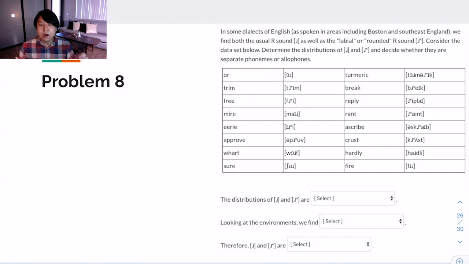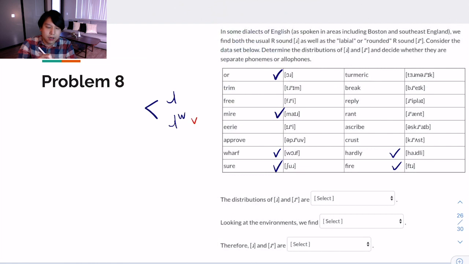Number 8 is about a certain dialect of English that is spoken in Boston and Southeast England. There are two different R's here: a usual R sound and a rounded or labial R sound, with a diacritic over it. So let's see if these two are allophones or separate phonemes. The first R exists here, here, here, and here, and on the right side, it's over here and here.